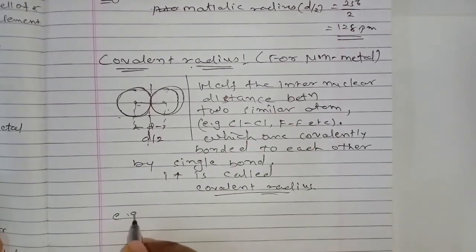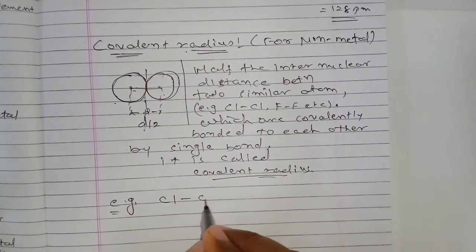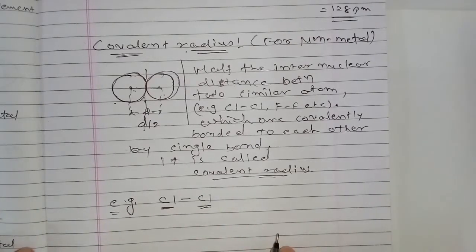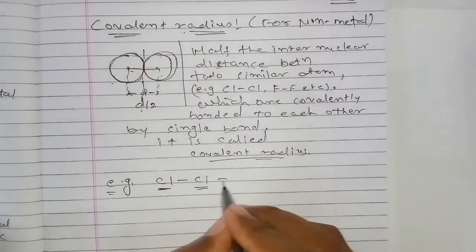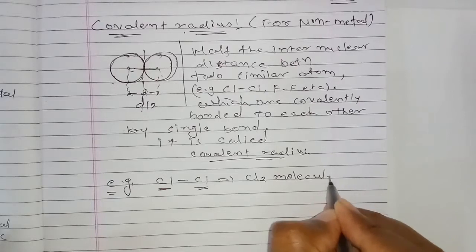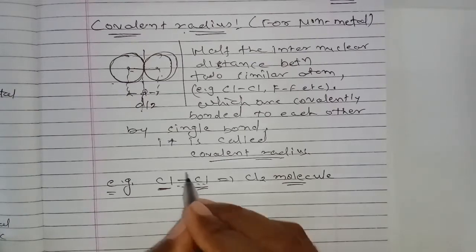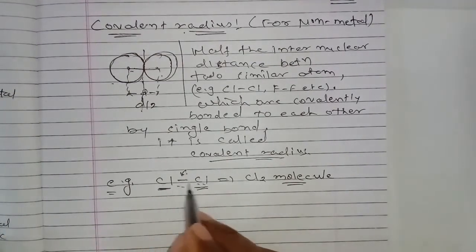For example, take the covalent radius between two chlorine atoms in the chlorine molecule, by sharing one electron they are singly bonded atoms.